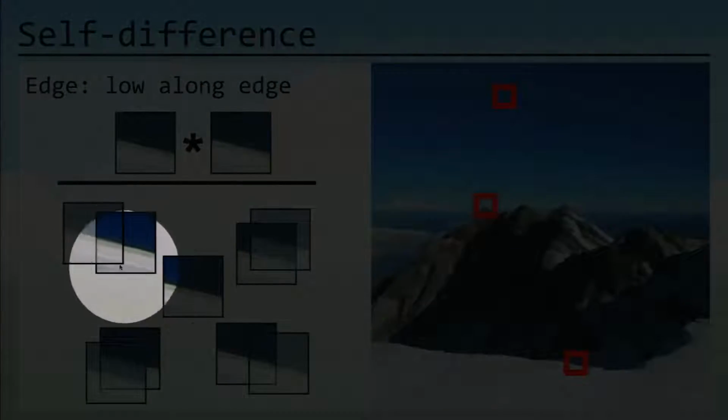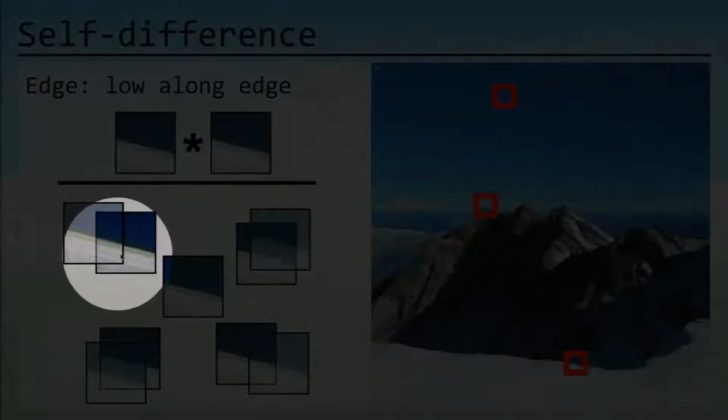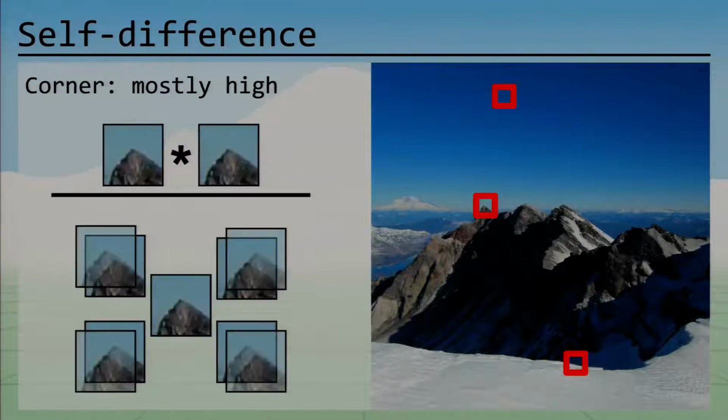But when we're shifting it along a vector that is parallel to the actual edge, we get very low self-difference again, because we're still just comparing components of snow with each other and components of the background with each other. So in general, edges are still going to have pretty low self-difference overall, because they have this one component along which they have very low self-difference. So even though sometimes they're different from shifted versions of themselves, they also have components where they're pretty similar.